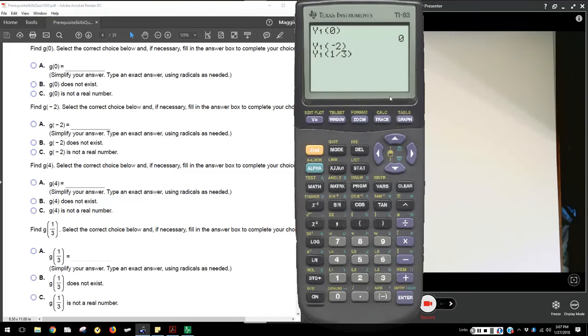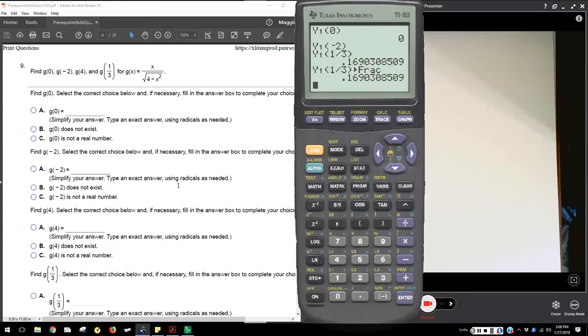Well, if we try to plug it in here, if you just hit enter at this point, you get a decimal. That's no help. If you try to change it to a fraction, you get the same answer. That doesn't help. So when we get to that part, we're actually going to have to do that one ourselves. But the other one was g of 4.